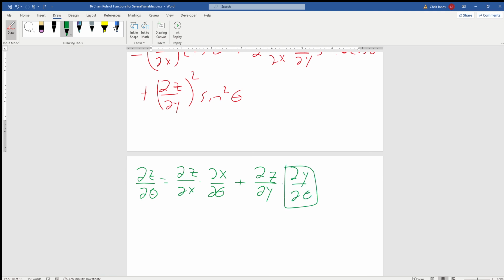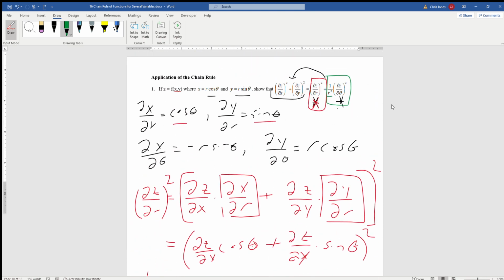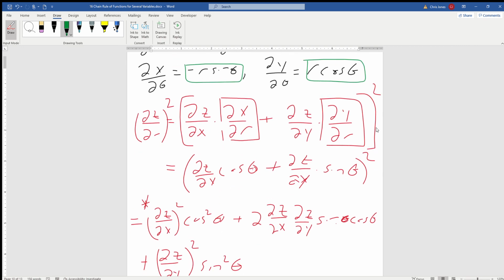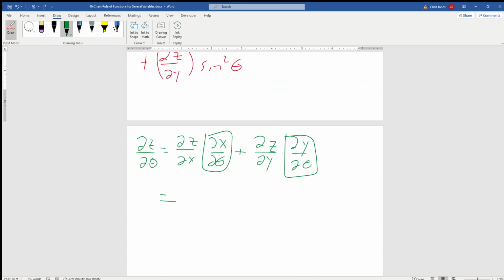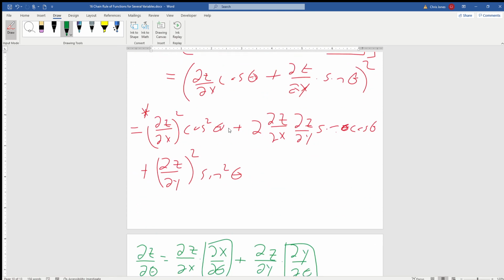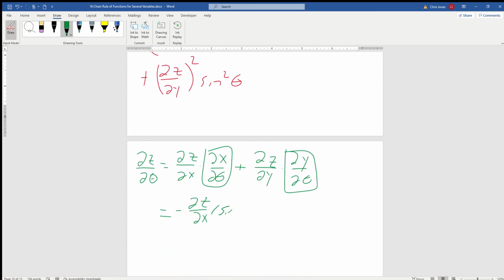But we already know partial x partial theta and partial y partial theta. Partial x partial theta is negative r sine theta, and then we have r cos theta. So we're just going to substitute those. So this is going to be equal to the opposite of partial z partial x times r sine theta, plus partial z partial y of r cos theta.